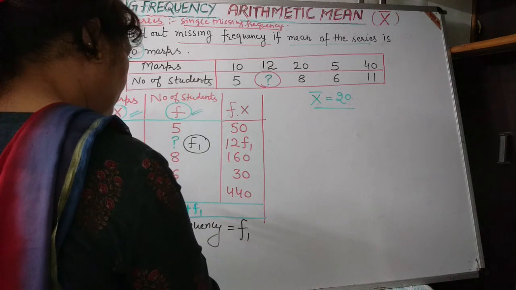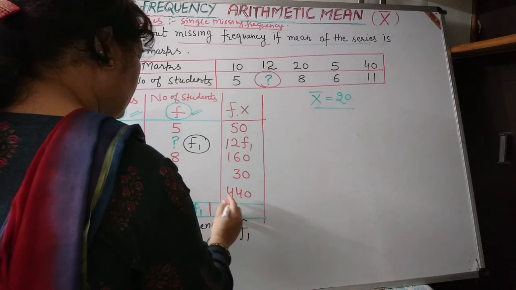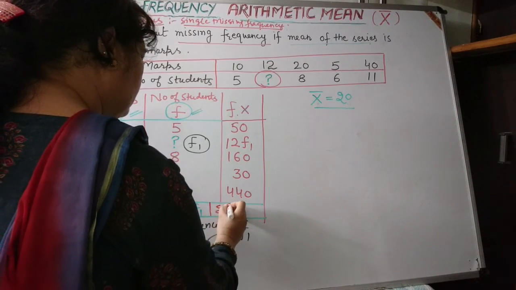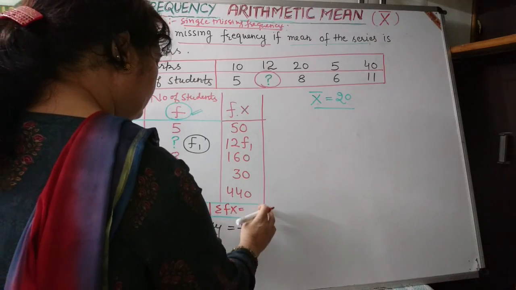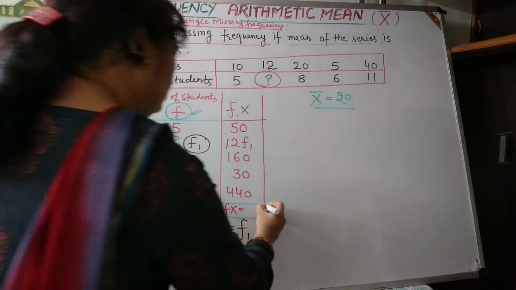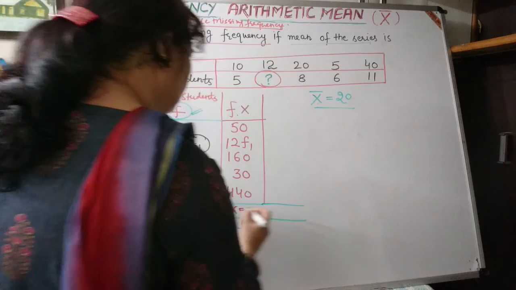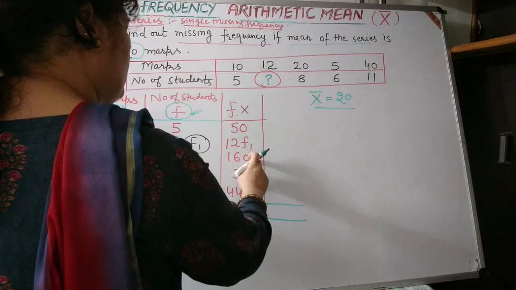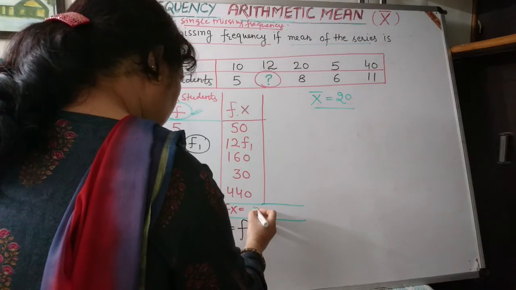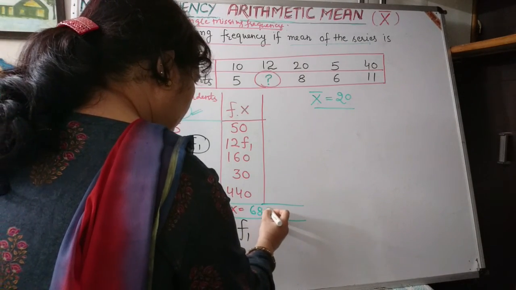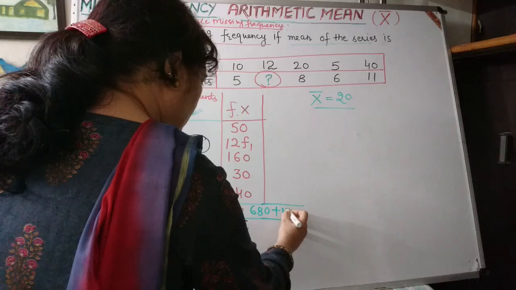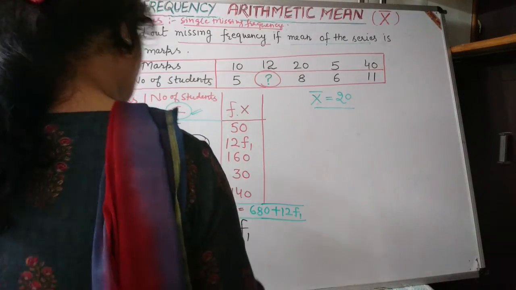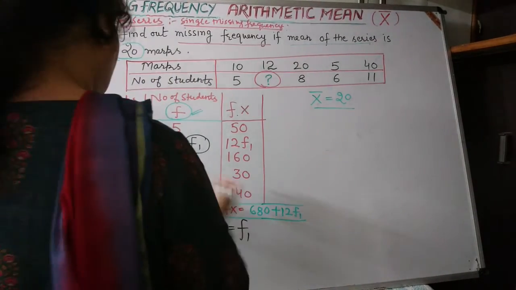And the value of sigma fx is equal to 440 plus 30 plus 160 plus 50, which is 680, so 680 plus 12 f1. These will be the values.